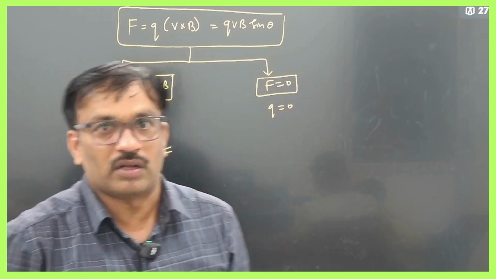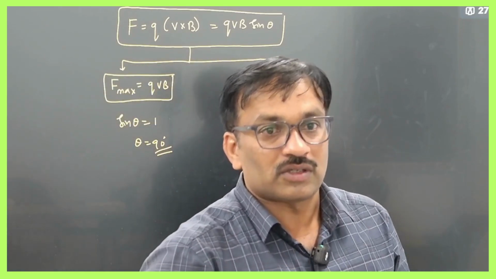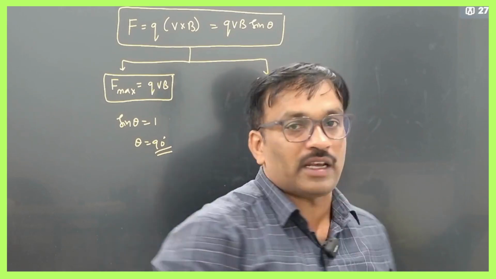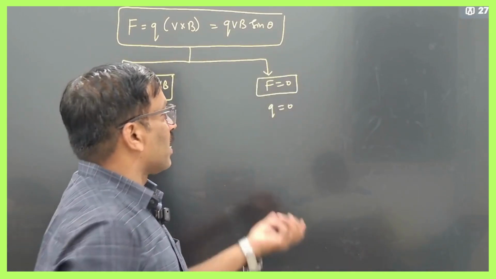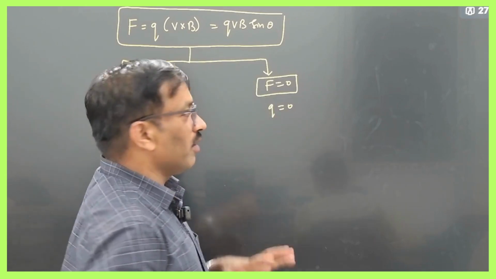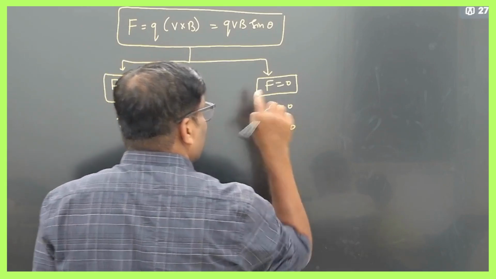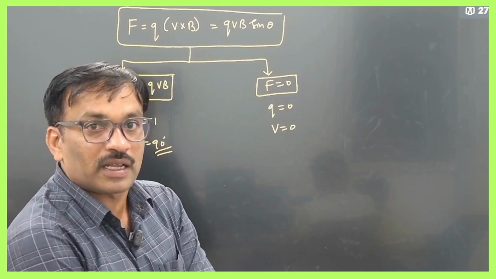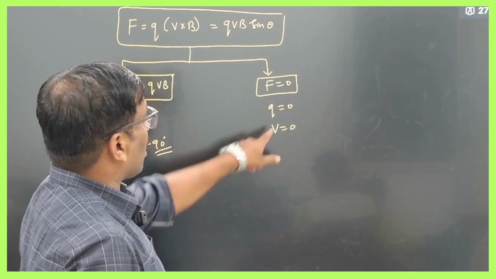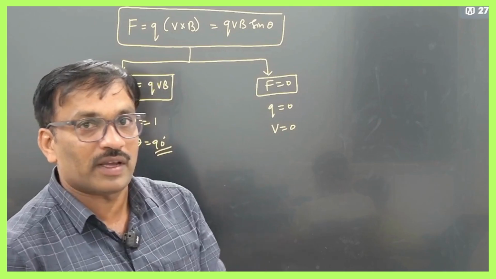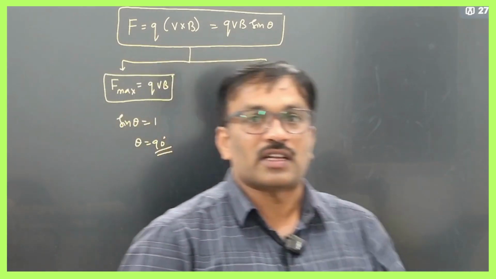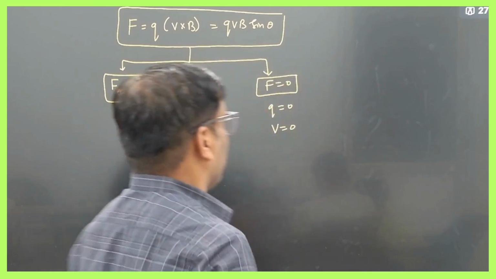A neutron does not have any charge, so it will not experience any force. A non-charged particle entering the magnetic field will not experience any force. Also, if a charged particle is not moving, it will not experience any force, because a charge generates a magnetic field only when it is moving.